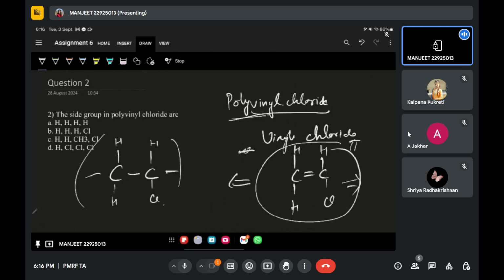So this is the polyvinyl chloride and we call it PVC also. So what are the side groups in the polyvinyl chloride? Because this is 3 H and the 1 chlorine. So B will be the right answer because it is having the 3 hydrogen and the 1 chlorine atom. Okay, is it clear?